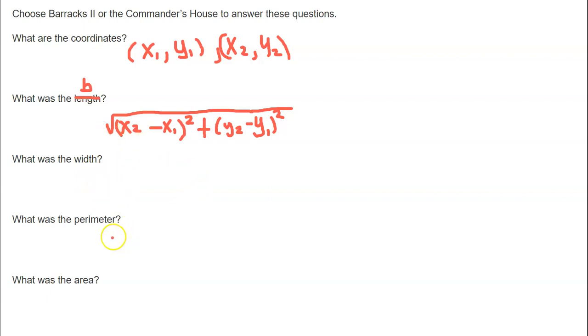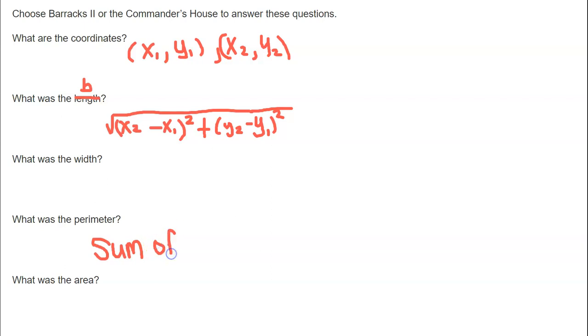And then for the perimeter, you're going to add all of the sides. So this is going to be the sum. And in this case, since they're both rectangles, this is going to be the sum of all four sides.